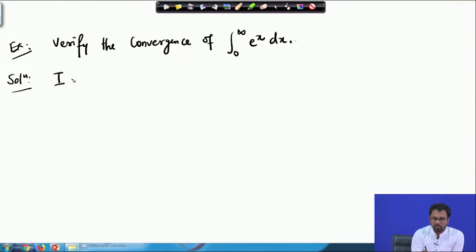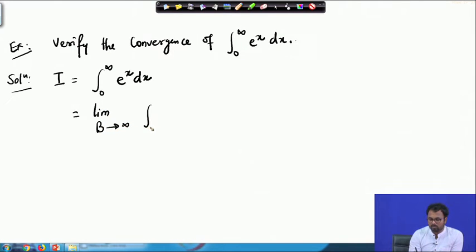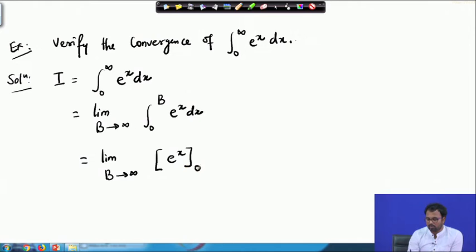So, I can write our integral as I, which is equal to 0 to infinity e to the power x dx, and then I can use the limit definition. So, I can write it from 0 to b e to the power x dx, and then this can be written as limit b goes to infinity, the integral of e to the power x would remain e to the power x, from 0 to b.